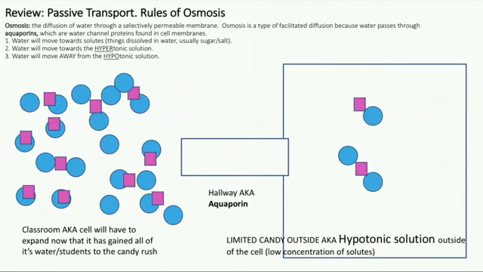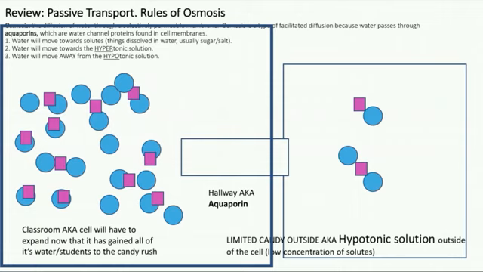It's going to have to get way bigger to accommodate all of my new students, okay? So my cell is now this giant square here. It has expanded so that way it can accommodate all of the new students. And then within the cell, these water molecules, these students attached to the candies, they would spread out as well.